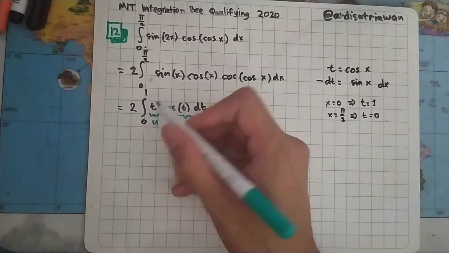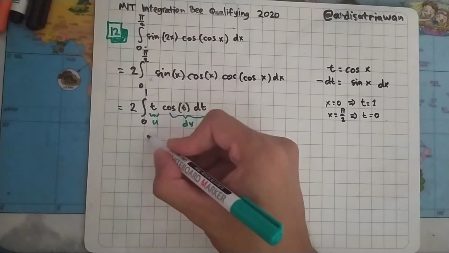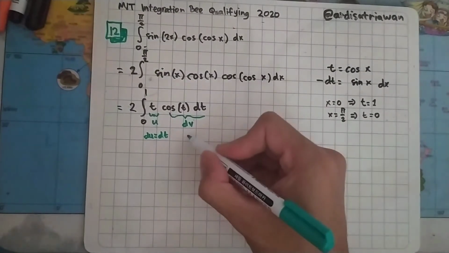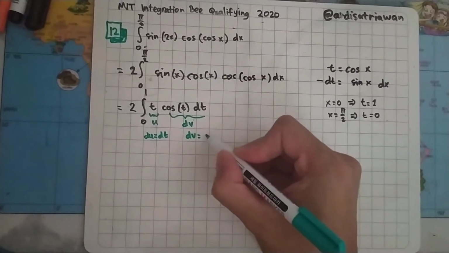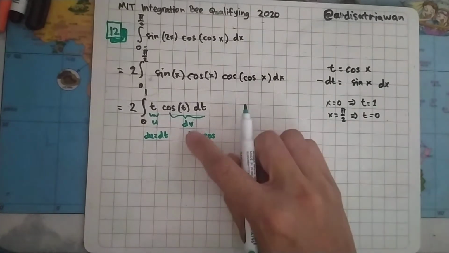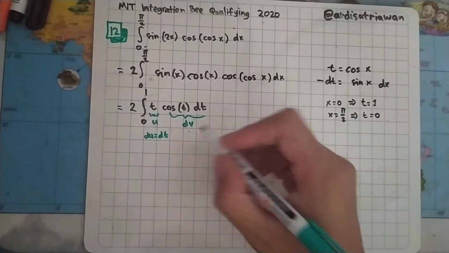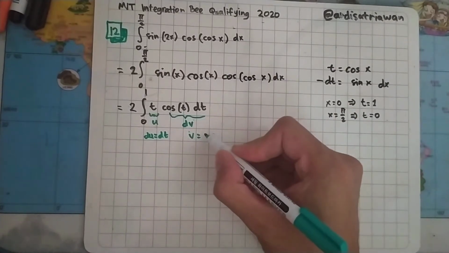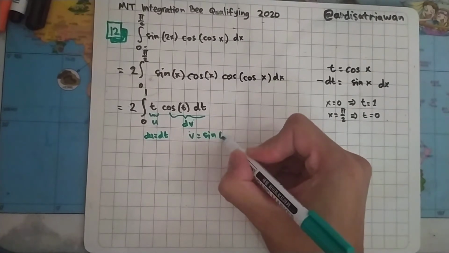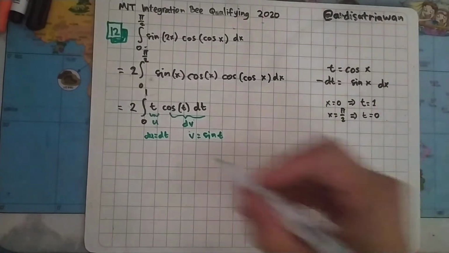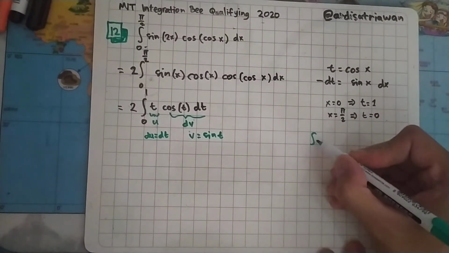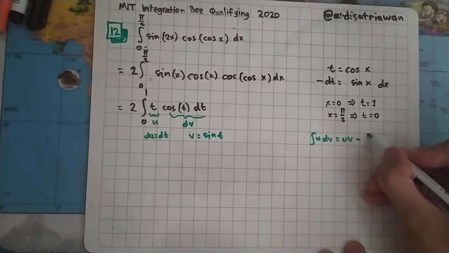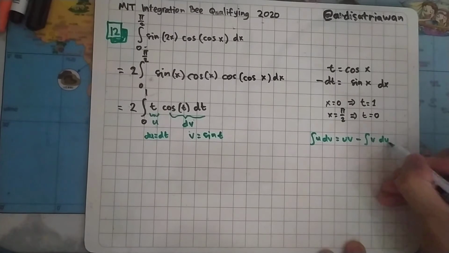Because u is t, du will be equal to dt, and dv is cosine of t dt, so we get v equal to sine t. We need to plug all of this into the formula: the integral of u dv is equal to uv minus the integral of v du.